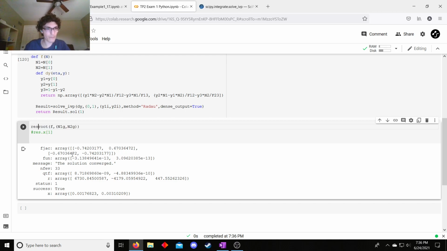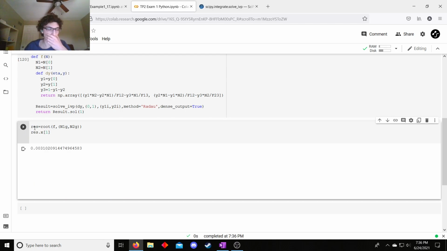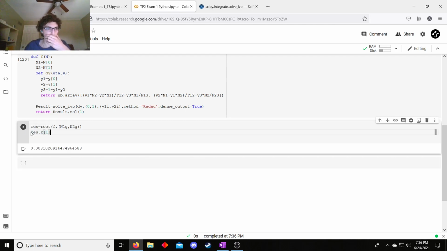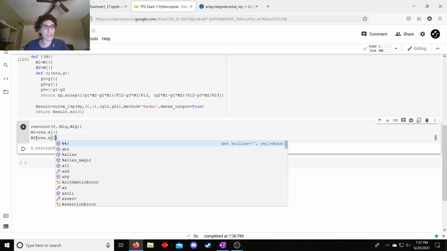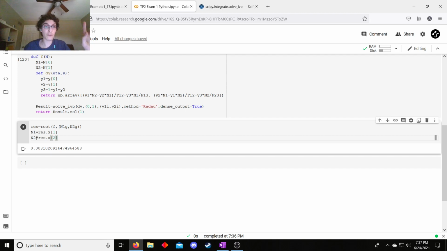Okay. Just checking to make sure I have the right notation here. So this is going to be n1, and n2 equals res dot x, the second value in that array. Oh, and I actually just fell for the Python trap. We have to remember that when we're talking about an array, the first number is the 0th index, and the second number is the index 1. Yeah, it almost got me. It almost did, but not today.